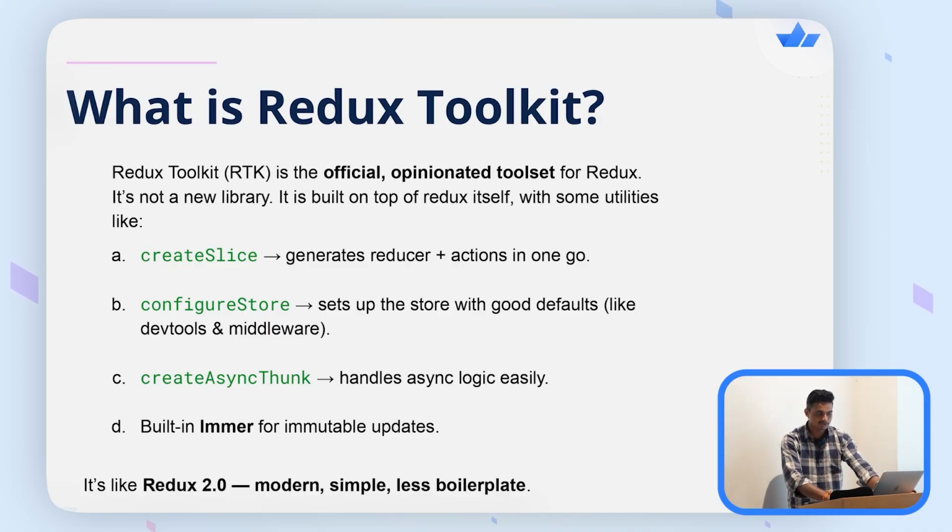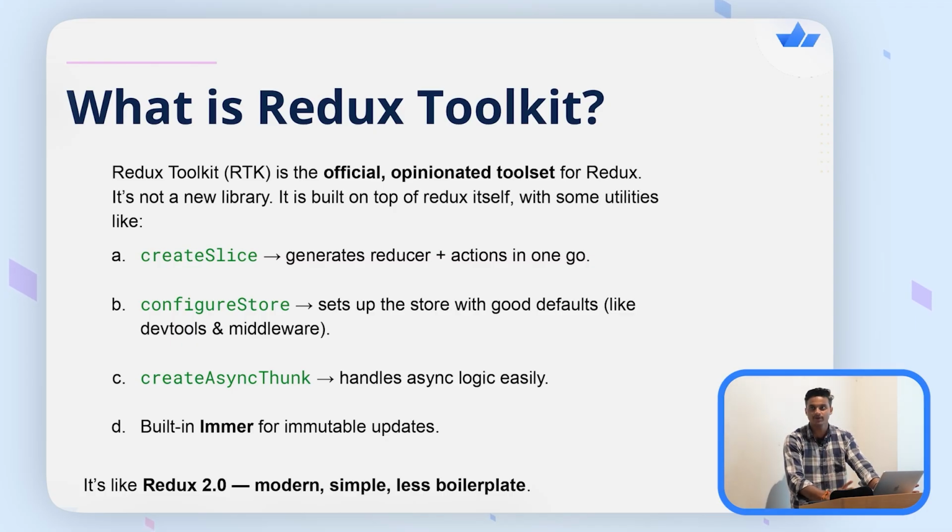Redux Toolkit automatically provides middleware, so behind the scenes it uses Redux Thunk as middleware. So whenever you want to call an API or do an asynchronous task, you can use createAsyncThunk.